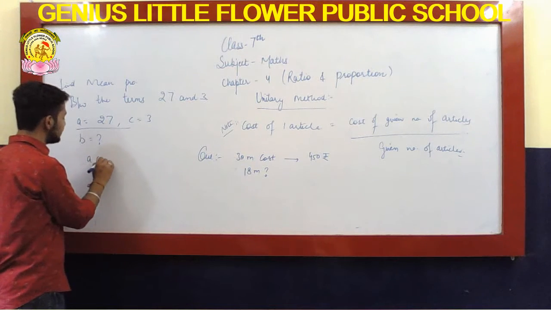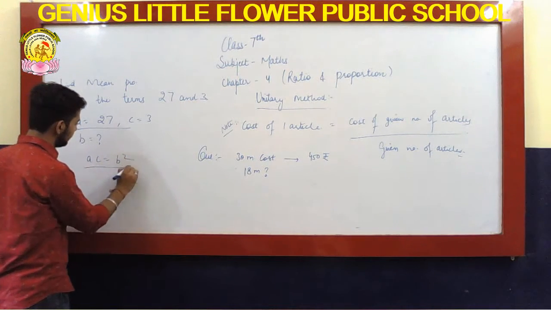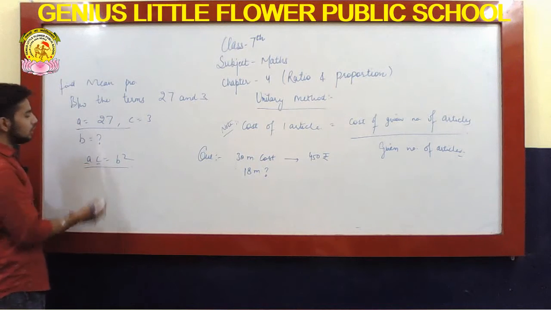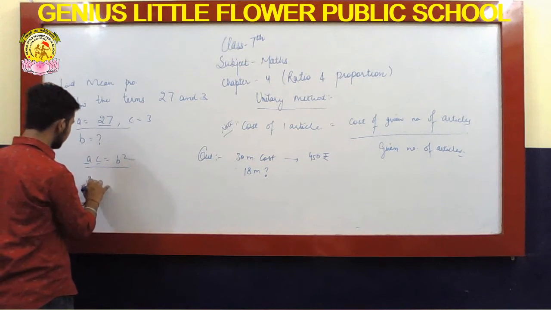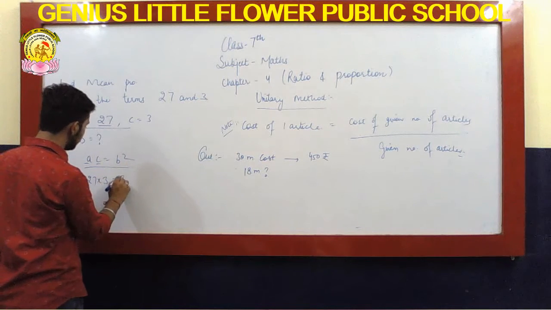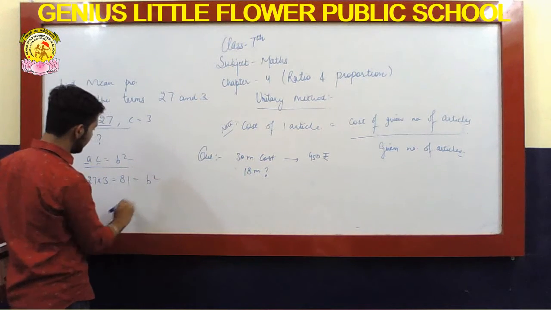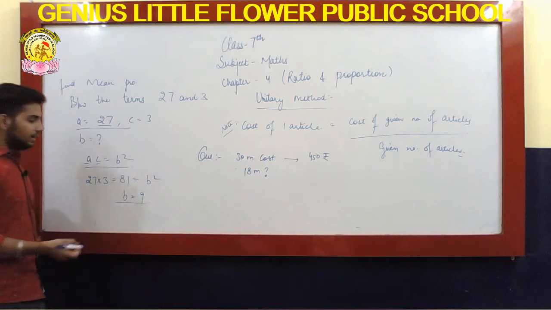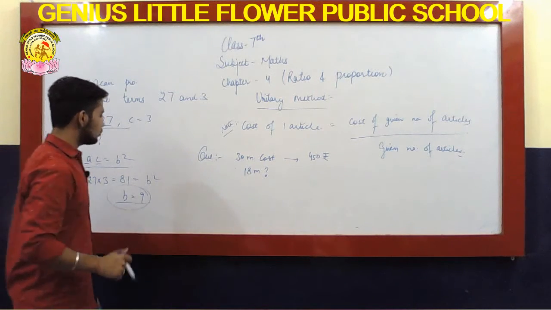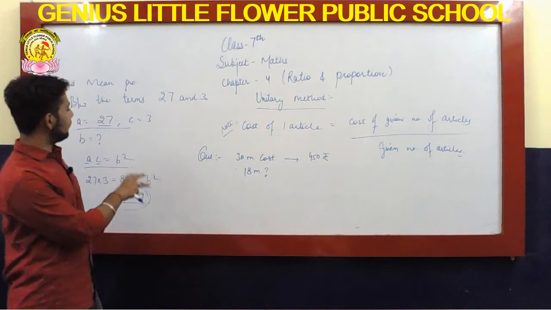According to that, AC is equal to B square, right? So we put in the values of A and C and calculate B. Then 27 into 3, which is 81, is equal to B square. So the value of B is 9. So like this we have to solve these questions.